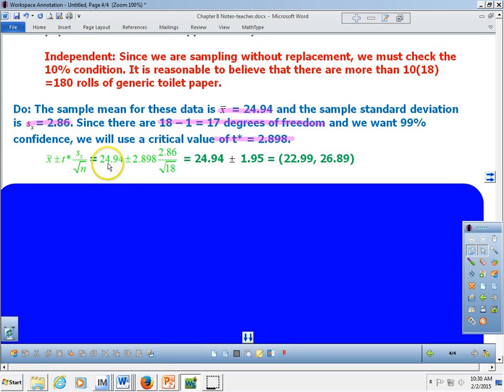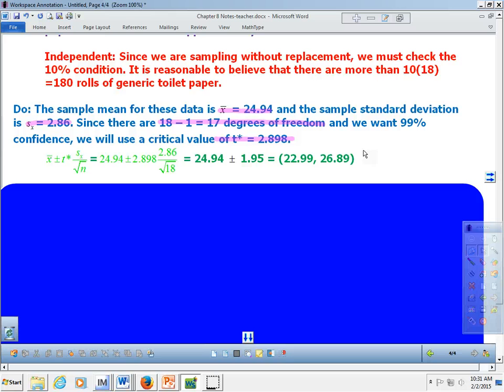Right? You can put in 24.94 plus or minus, then 2.898, which is your t-star, times 2.86 divided by the square root of 18. And this will show everyone that x bar and s sub x are in here and your t-star is in here, but you still have to list the degrees of freedom out separately. This is all the work that you need to show everything that you see on here.